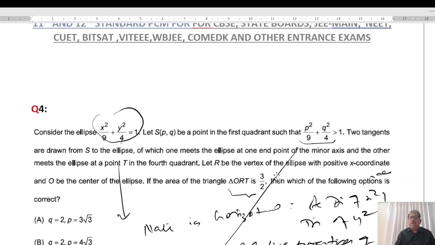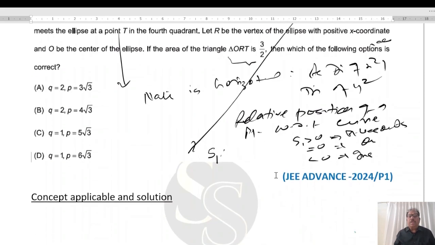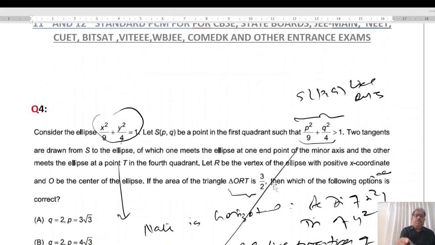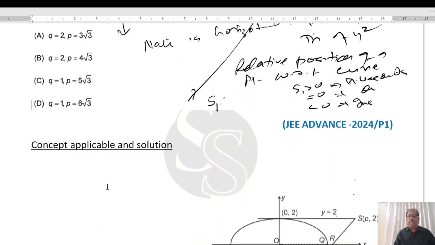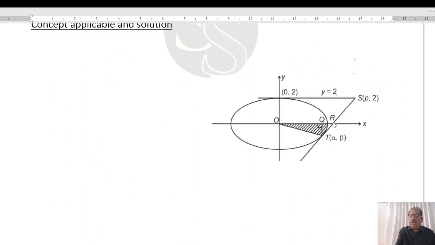In this case, x square by 9 plus y square by 4 minus 1 is greater than 0, which means the point S lies outside, right? The center, its vertices are 3, 0 and 0, 2, and these are points on the major axis and minor axis. This point R will be 3, 0 and this will be 0, 2.